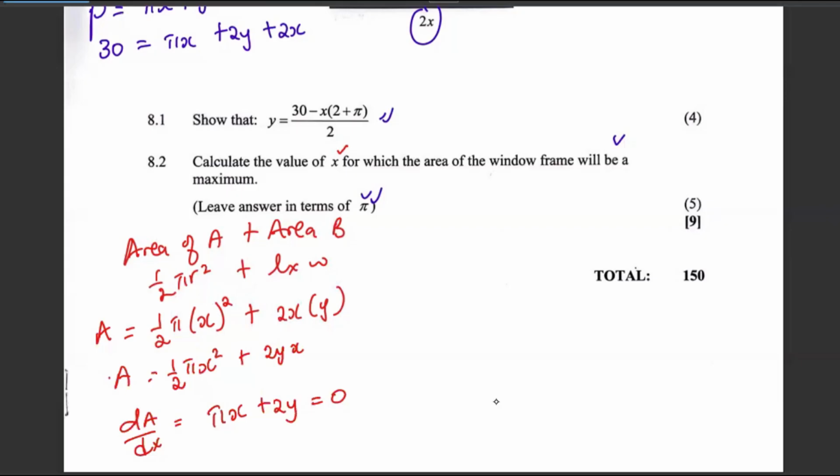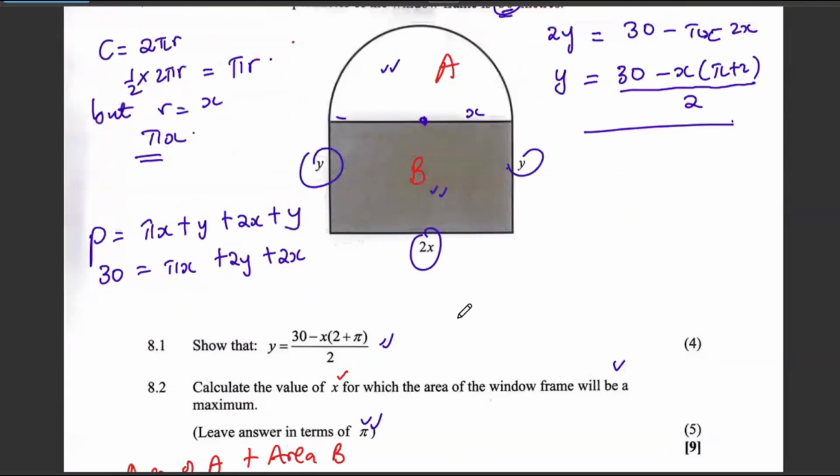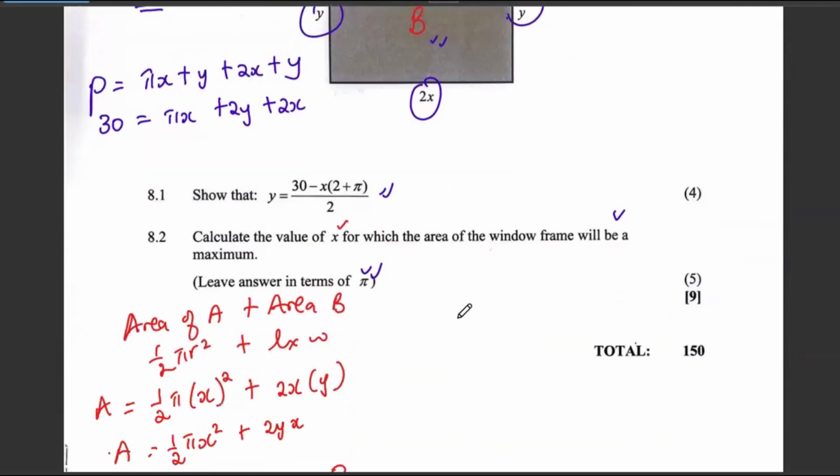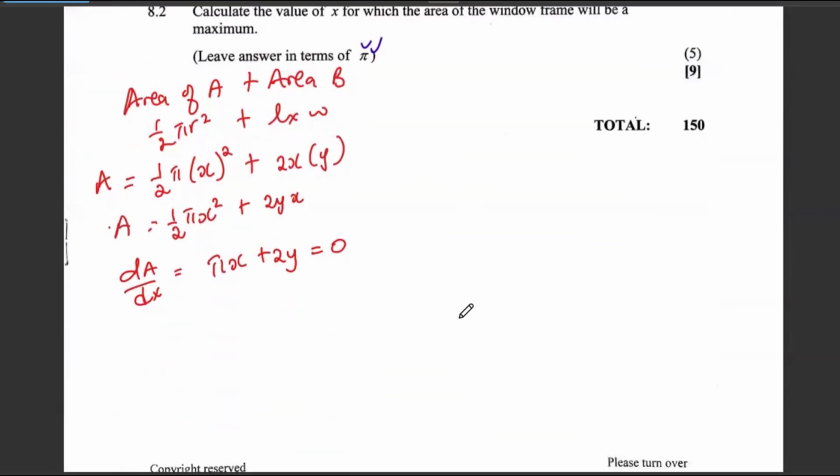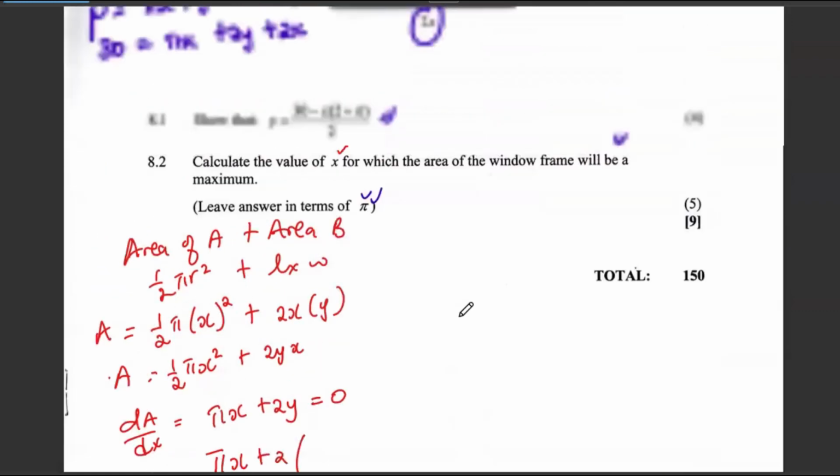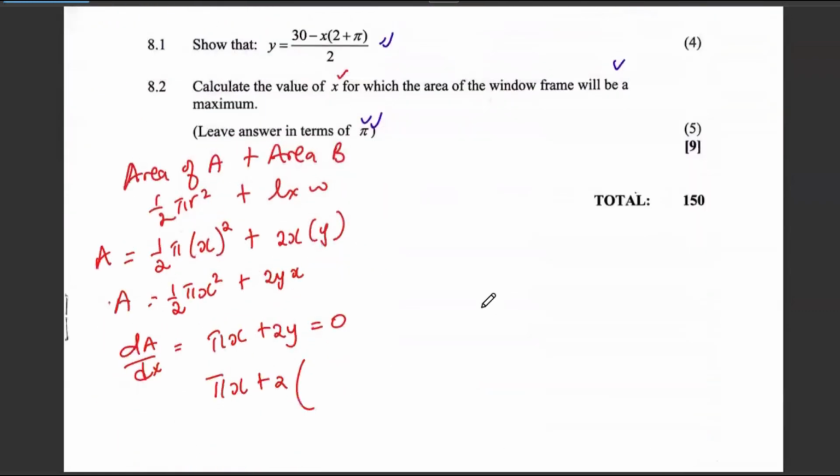And then from there, does it make sense though? Because we already have what y is. Do I need to substitute it at that level? I think I should. So I'll be left with pi x plus 2 times y, where y was 30 minus x into 2 plus pi, all over 2, is equal to 0.